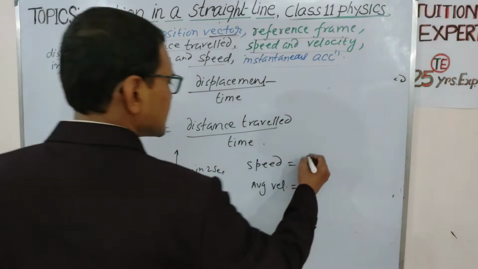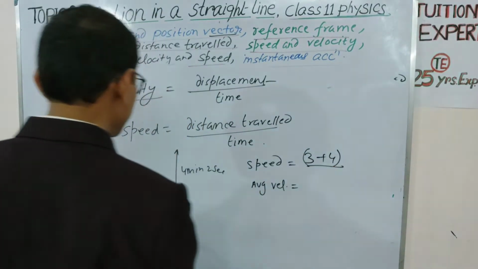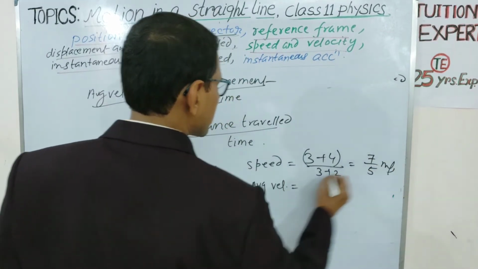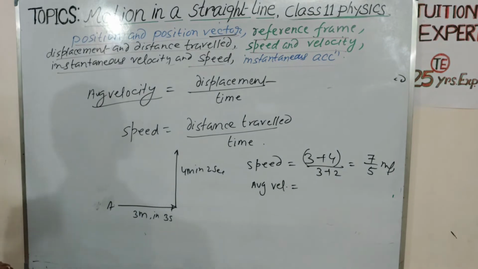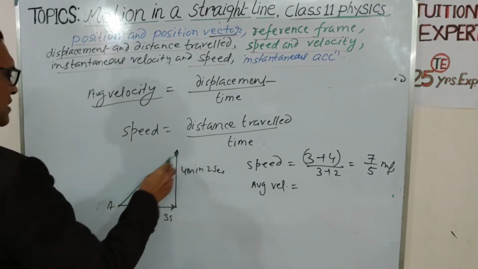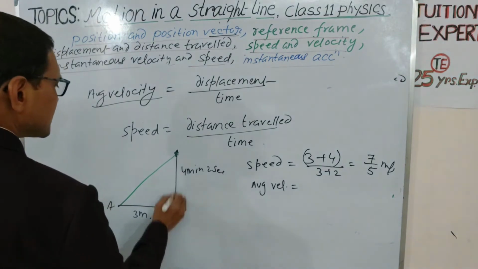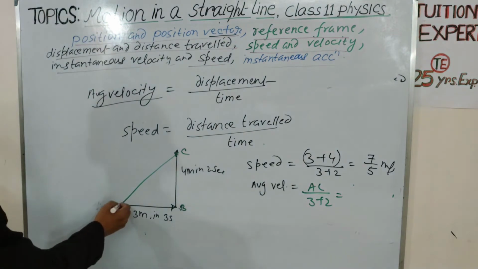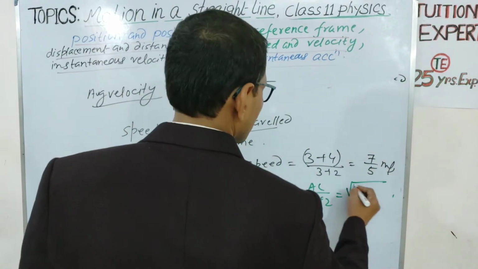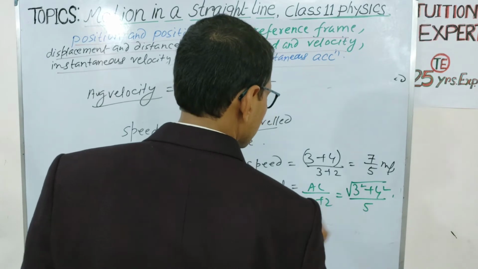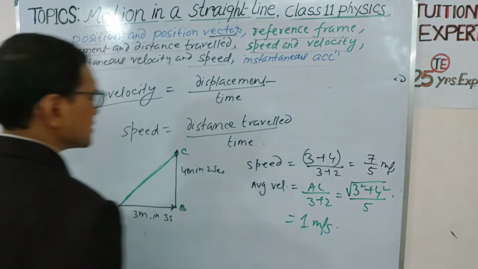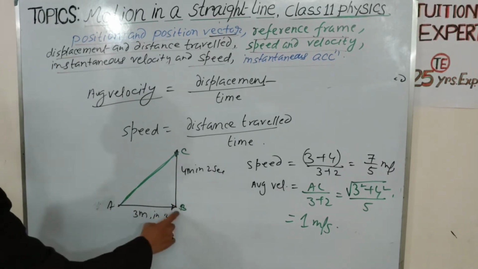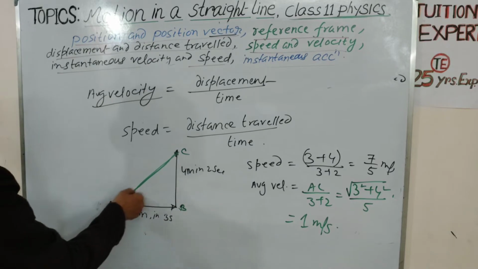Here the distance traveled is 3 plus 4, and the time is 3 seconds plus 2 seconds, so that is 7 by 5 meters per second. Average velocity equals displacement by time. Displacement is AC, where this is A, B, C, and AC is found by the Pythagoras theorem. So speed equals the total path, this plus this, by time, and velocity equals displacement by time.